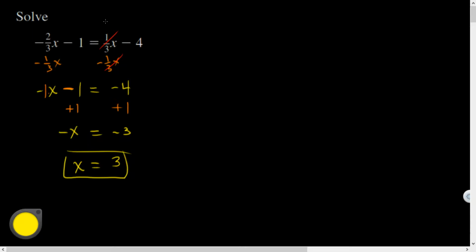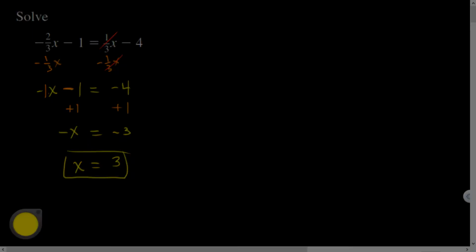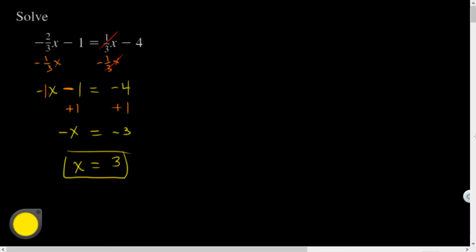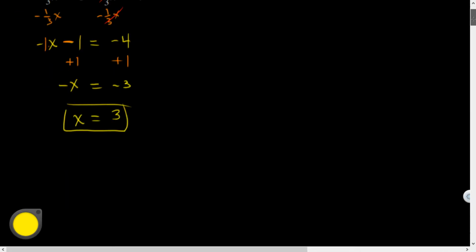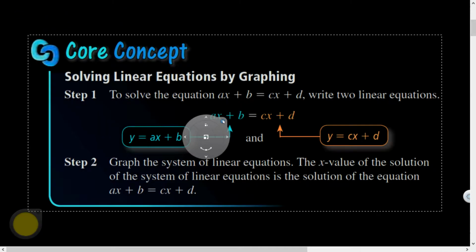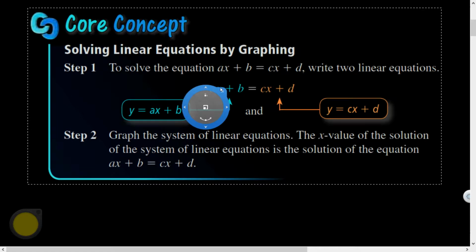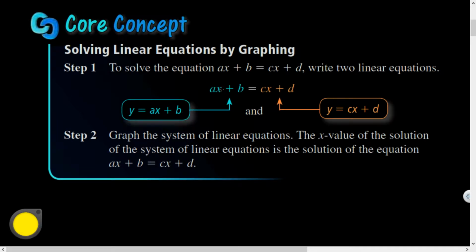This is the way that we would have solved it before. And I guess that's part of the challenge with showing you this new strategy now instead of in Algebra 2, is that it won't seem incredibly useful just yet. But let's see. Solving linear equations by graphing.